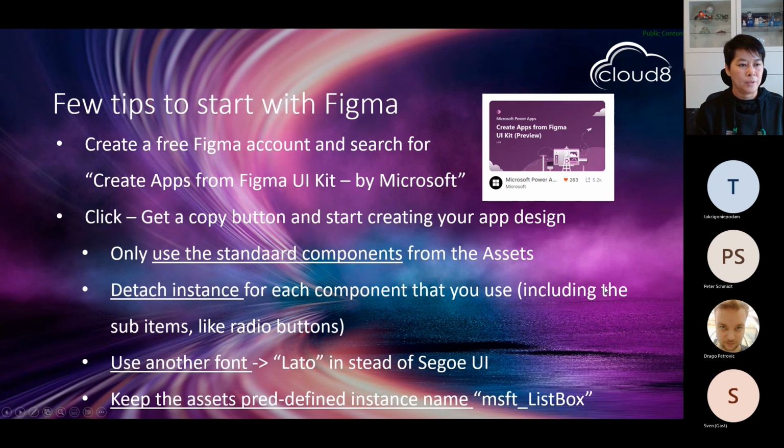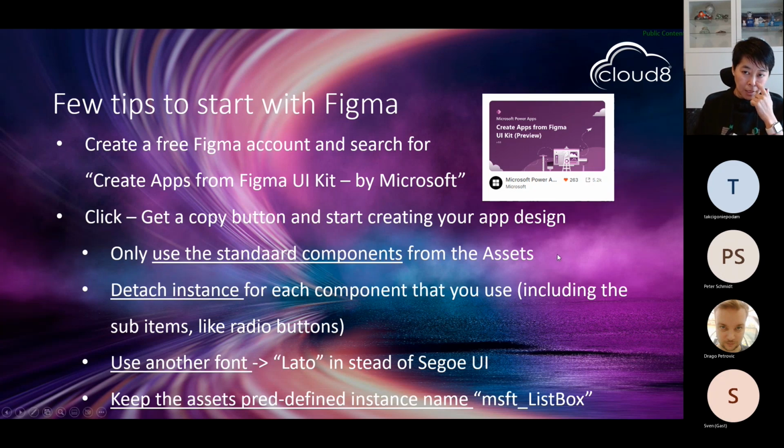If you use the Figma approach, then of course you have to create a Figma account and search for create Power Apps from Figma. And then select the one from Microsoft. Get a copy to push it into your own account, and then you can start your design.